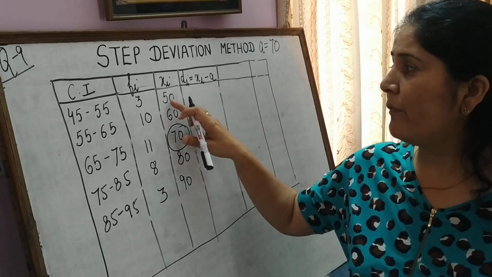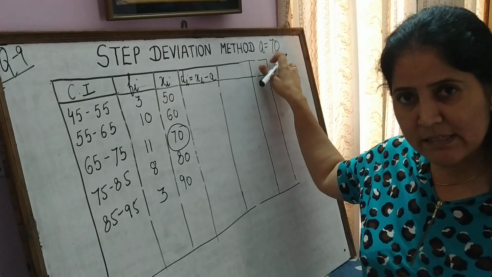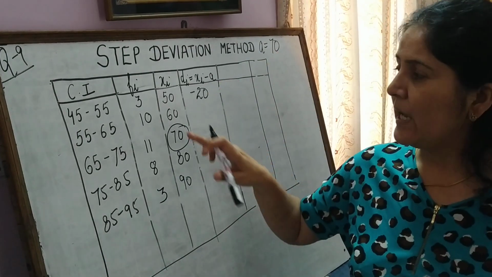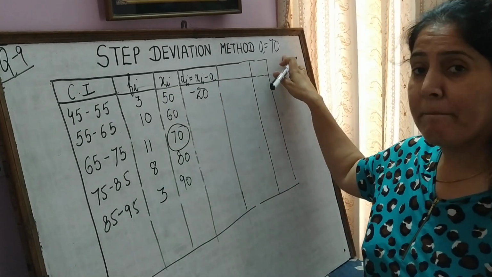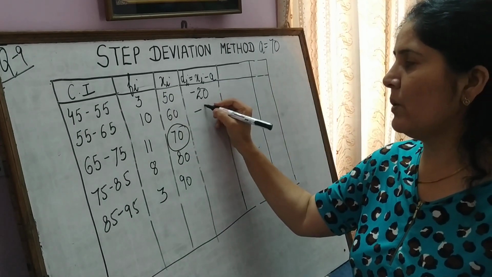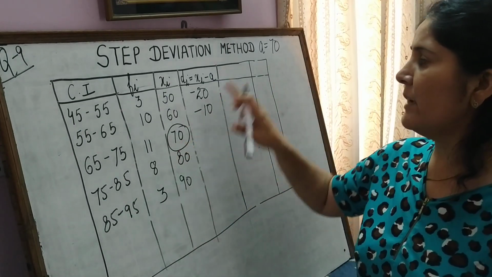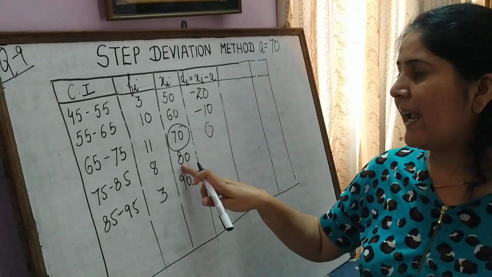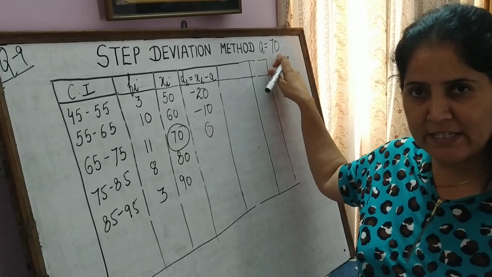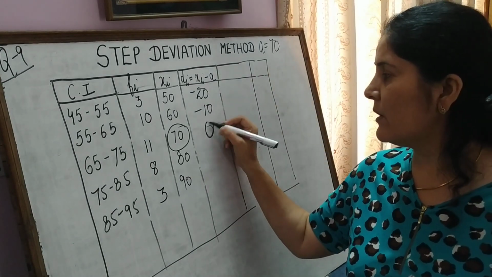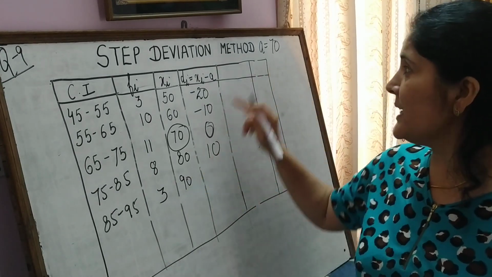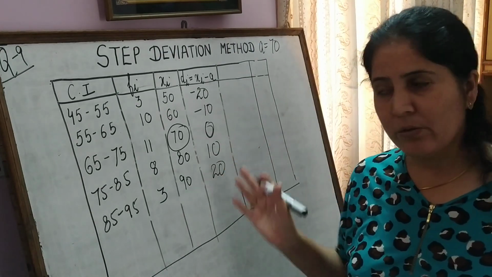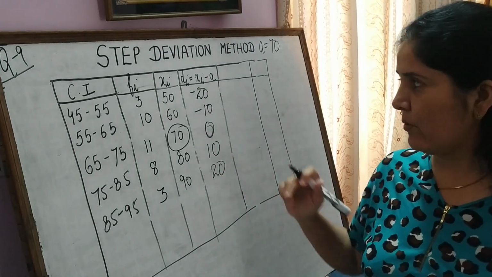So 50 minus 70 is equal to minus 20. Similarly, 60 minus 70 is equal to minus 10. 70 minus 70 is equal to 0. 80 minus 70 is equal to 10. 90 minus 70 is equal to 20. So you have found di also.